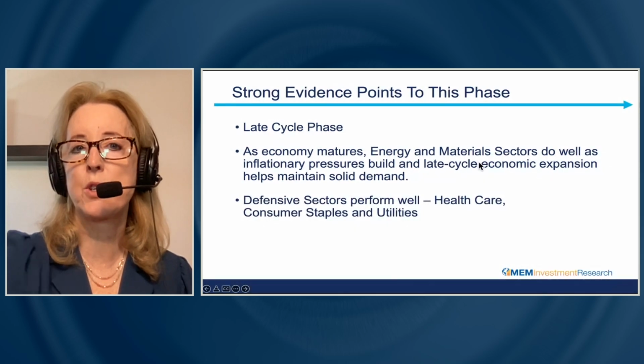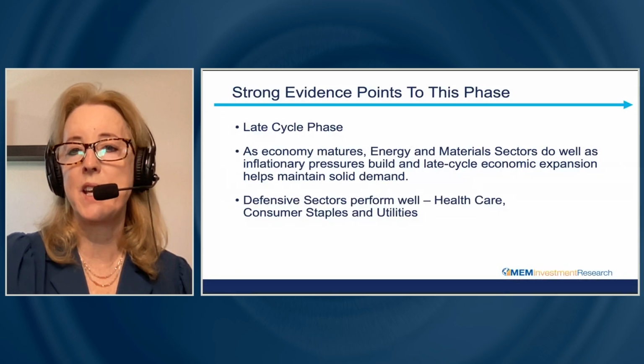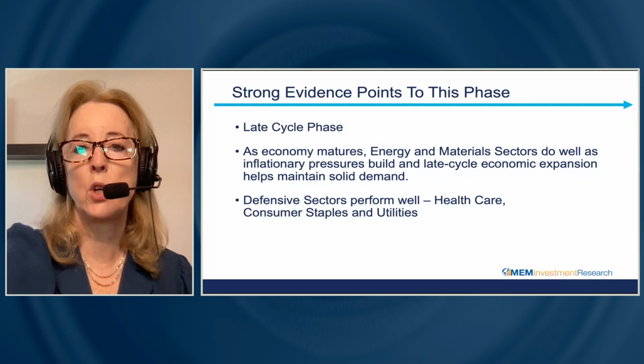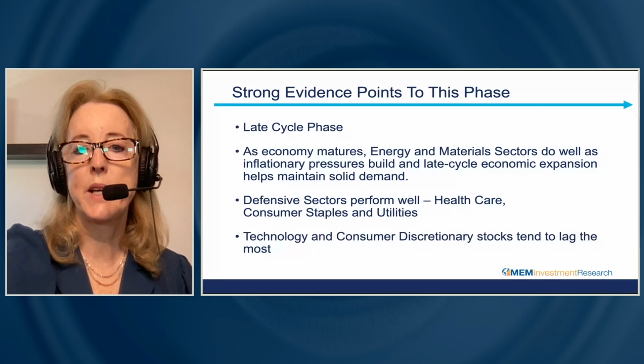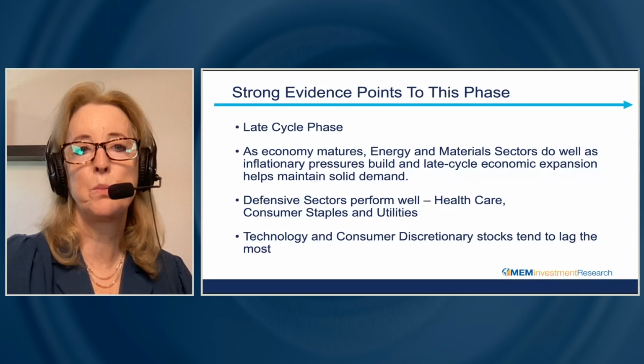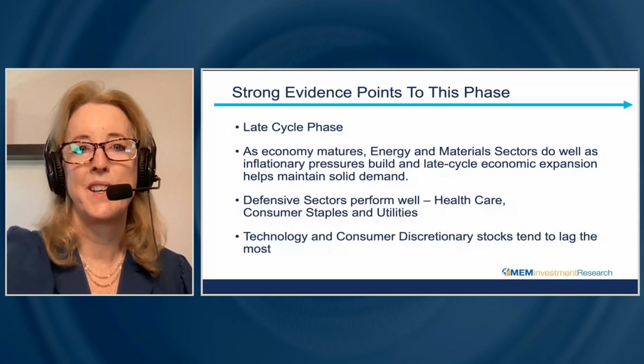Also, defensive sectors perform well during a late cycle phase, and that is going to be healthcare, consumer staples, and utilities. So currently, this is what we are looking at, and in turn, you will want to focus on those sectors. Also, technology and consumer discretionary stocks do tend to lag the most during this late cycle phase.